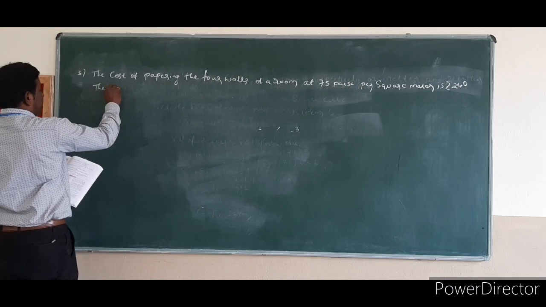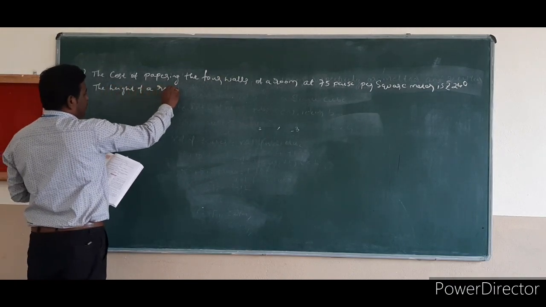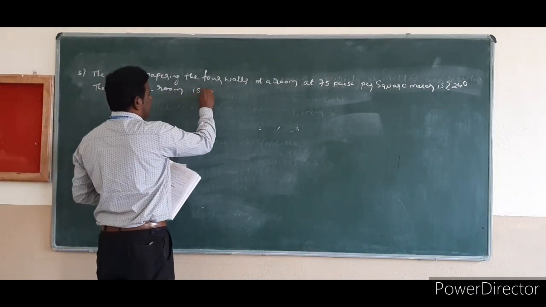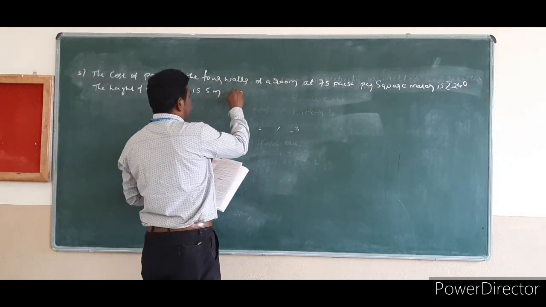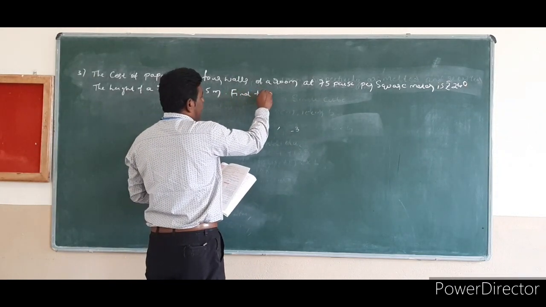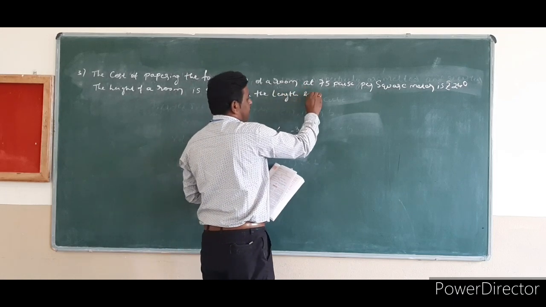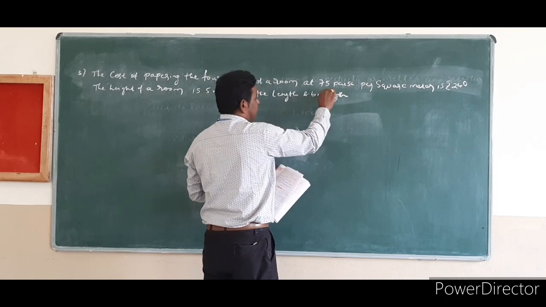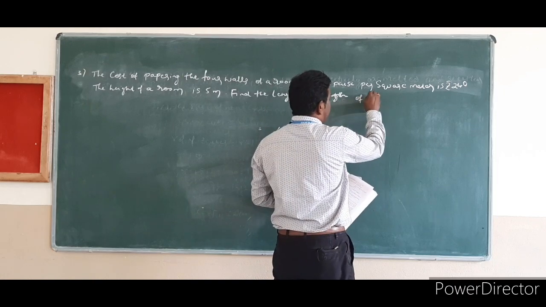The height of the room is 5 meter. Find the length and breadth of the room.